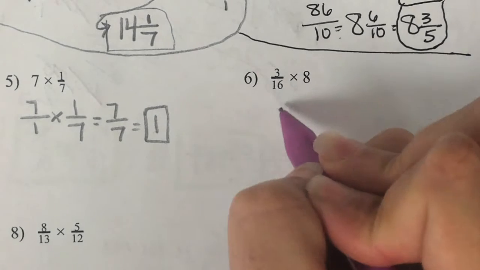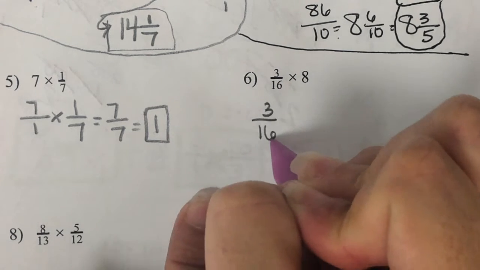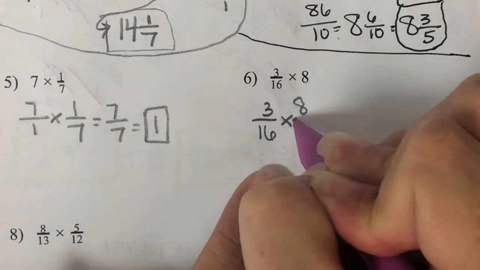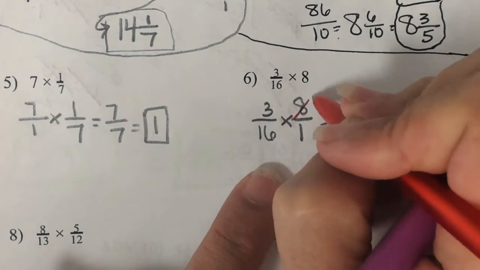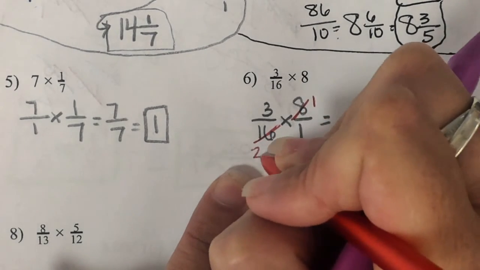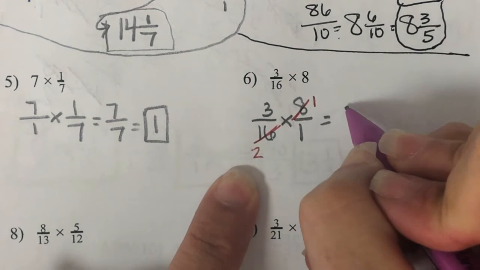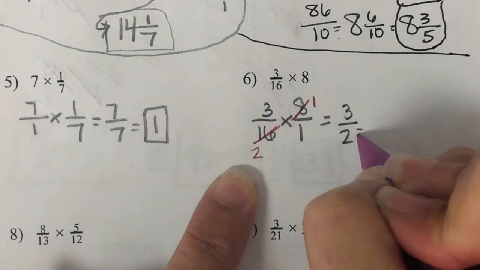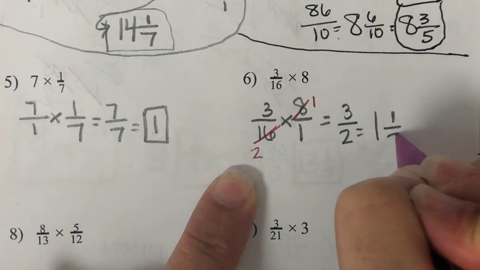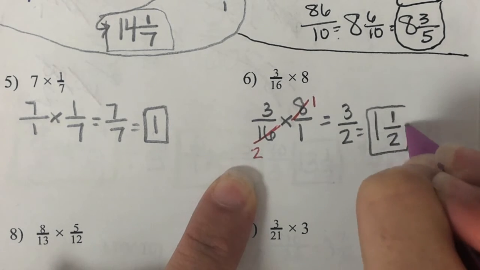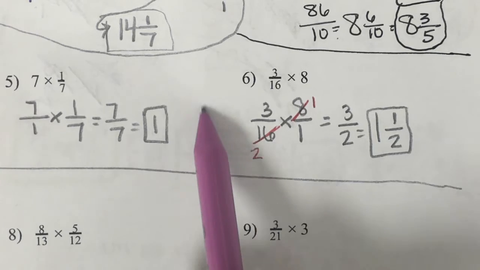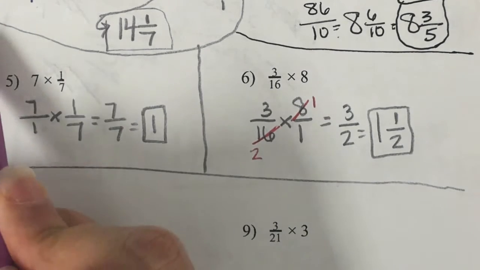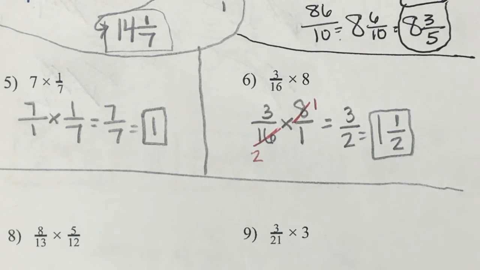Okay, so like this one, I got 3/16 times 8 over 1. I'm going to simplify 8 into 8 once, 8 into that twice. I end up with 3 over 2, which is 1 1/2. Okay, moving on.